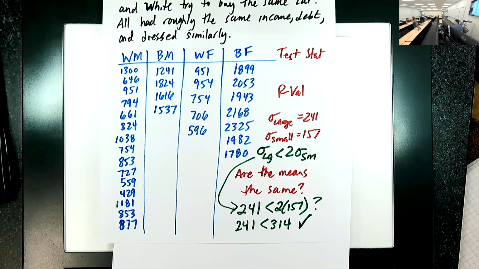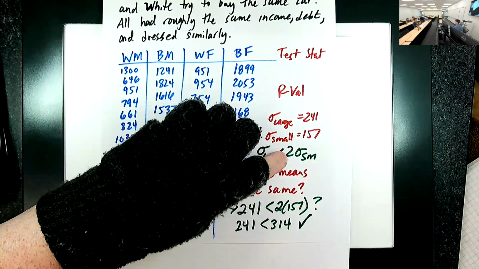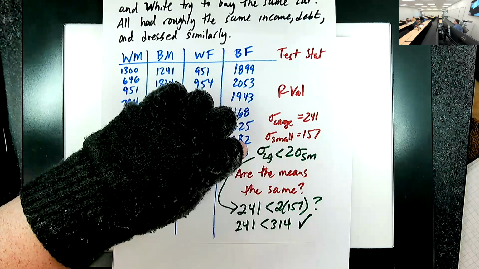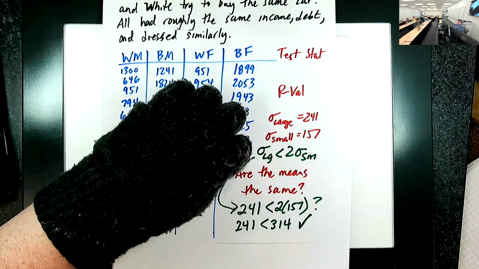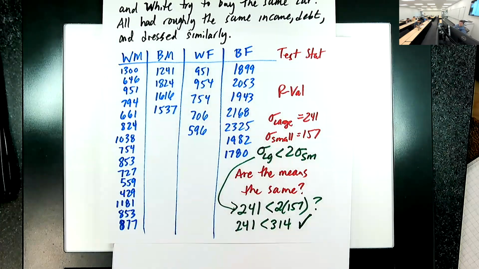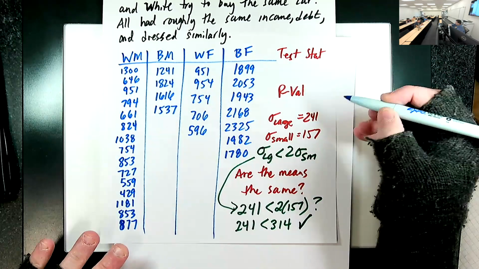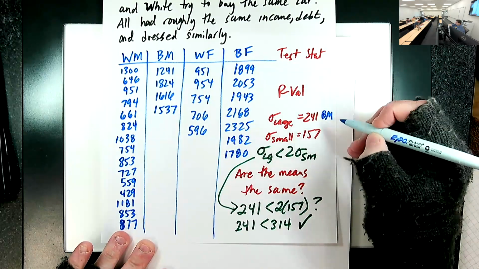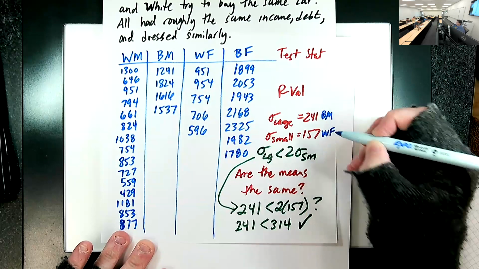So it's 2 times the lowest deviation, and we compare it to the highest deviation among the groups. The group with the largest deviation was the black male group, and the smallest was the white female group.